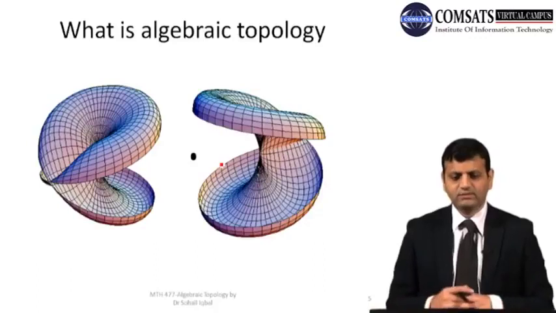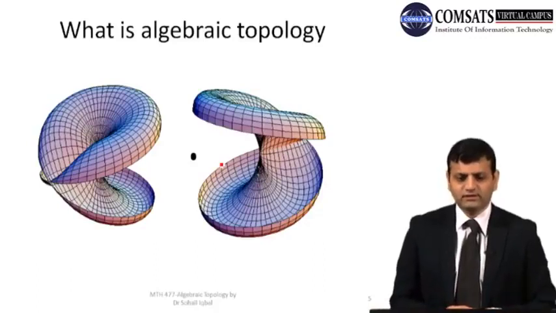So what is algebraic topology? As the name suggests, it has something to do with algebra and topology. Mainly we are connecting them, but as history suggests, mathematicians started using algebra to study topological objects. In particular they used groups.